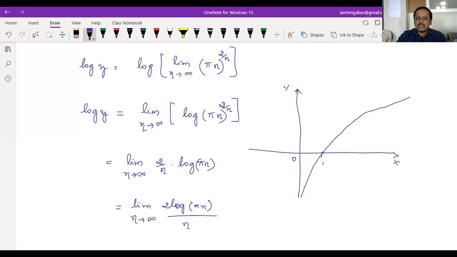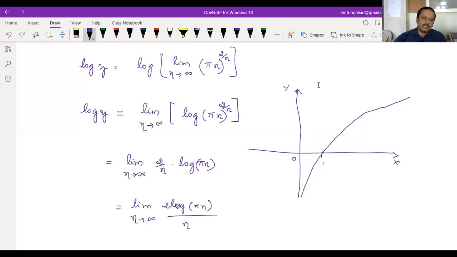You just have a look at the graph of log x. It will go in this way. At x equal to 1, log 1 is 0. At x equal to 0, it is not defined. From 0 to 1 it is negative. As we increase the value of x, the value of log x goes on increasing.